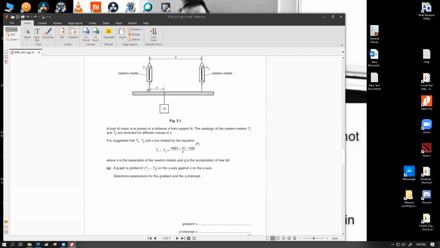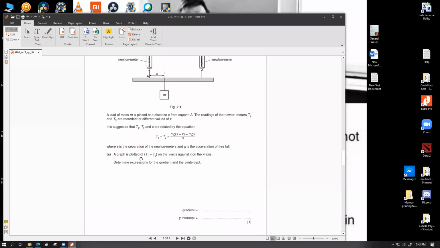So pretty much all the terms that you're going to work with are given here. Now the question says a graph is plotted of T1 minus T2 on the y-axis against x on the x-axis. So this entire difference of these 2 things is your y-axis variable, and x itself is your x-axis variable. Determine the expression for the gradient and the y-intercept.